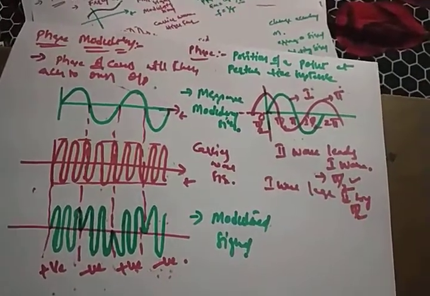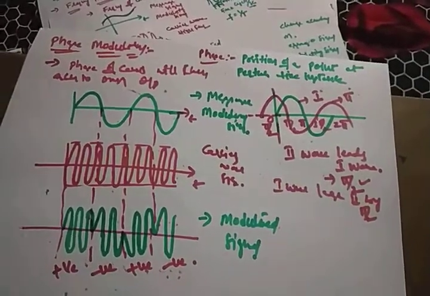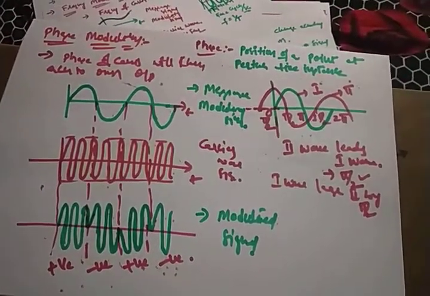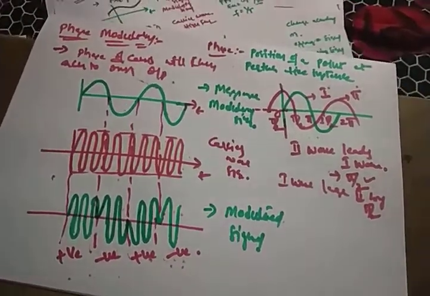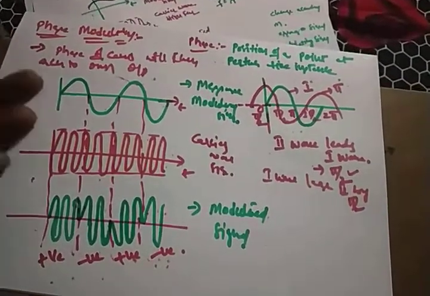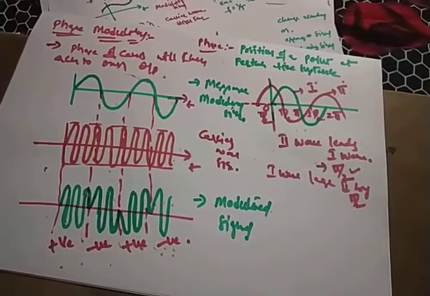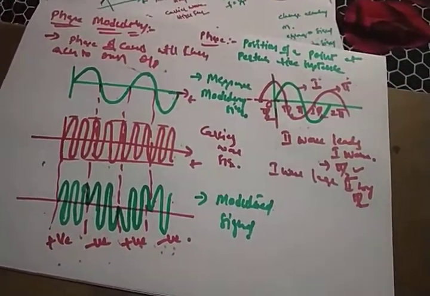My amplitude of a carrier wave will change according to the input, whatever the message signal is. Frequency modulation means my frequency will be changed according to my input signal. Phase modulation means my phase will be changed. Each and every time the carrier signal will change. My input signal will never change. The amplitude, the shape and all these things are the same. My carrier will change in order to transfer the signal.